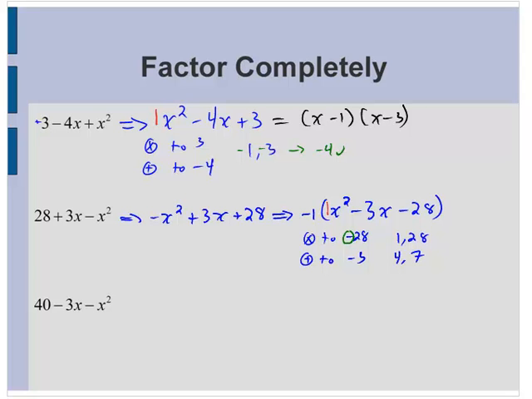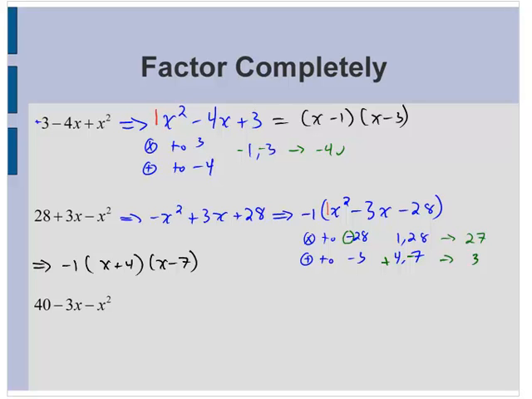Well, finding a difference, since I know I'm going to have different signs, these give me a difference of 27, and the 4 and 7 gives me a difference of 3. So that's the pair that I want, and since I want a negative 3, I'll choose positive 4 and negative 7. So the factored form, completely factored, would be negative 1 times x plus 4 times x minus 7.